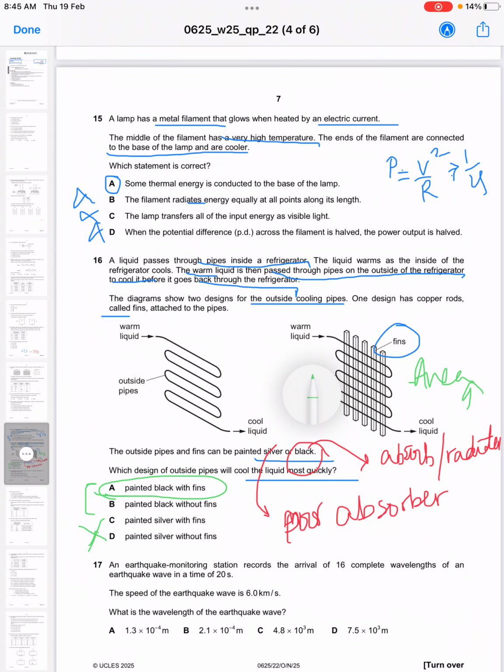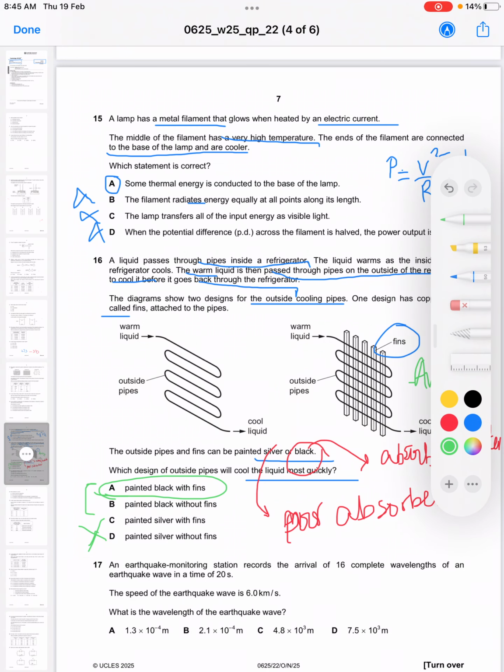Okay, next one. An earthquake monitoring station records the arrival of 16 complete wavelengths of an earthquake in a time of 20 seconds. Speed is given and we need to find the wavelength. So which one is given?